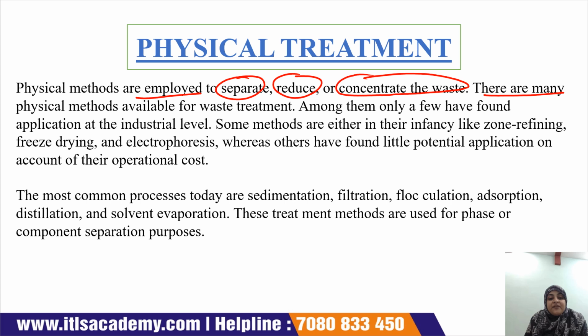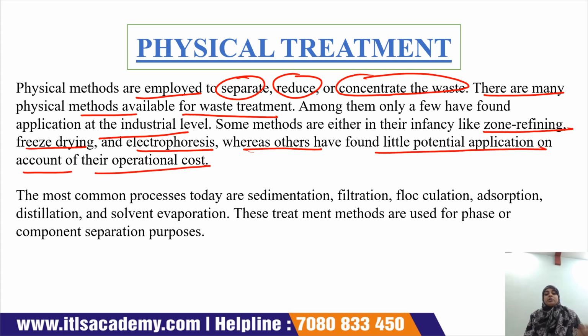There are many physical methods available for the waste treatment, and among them, the methods used at the industry level are zone refining, drying, and electrophoresis, whereas others have found little potential application on account of their operational cost.